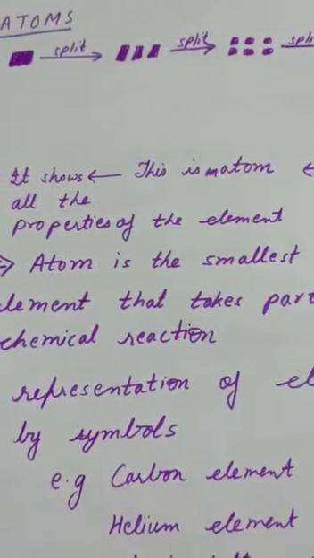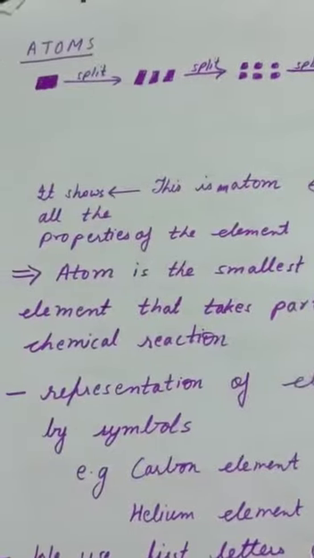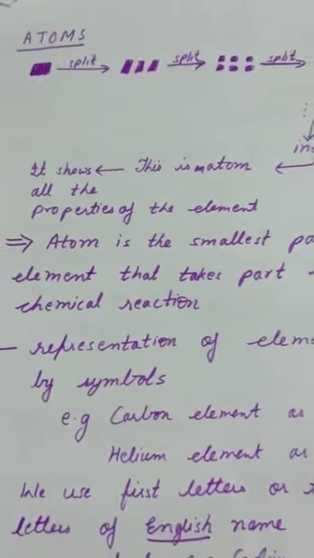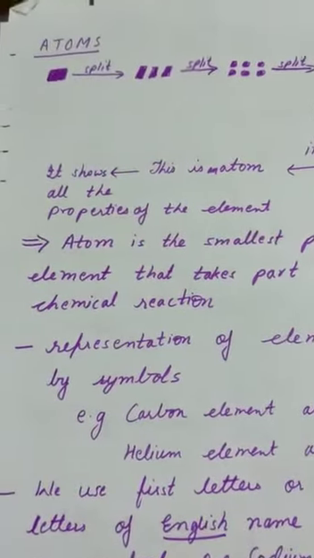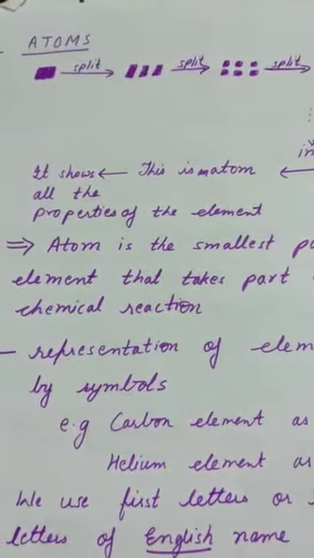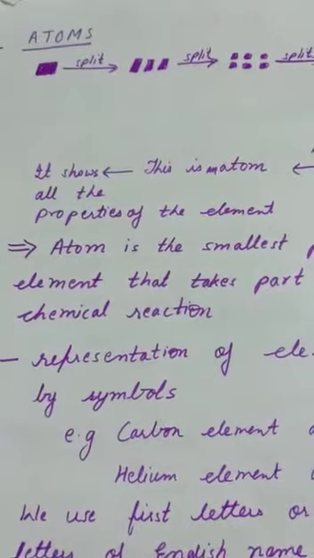So students, what is an atom? Atom is the smallest part of an element that takes part in a chemical reaction, and these are represented by symbols. Representation of the element is done by symbols.